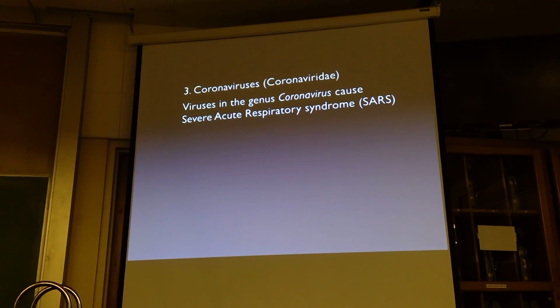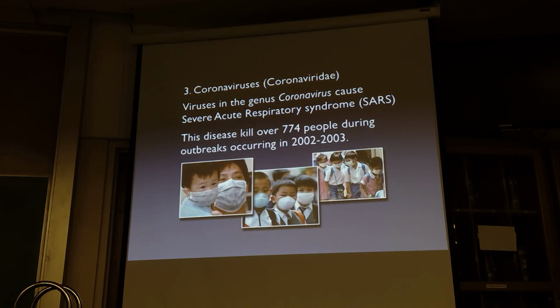Now, there's a group of viruses called coronaviruses. These were identified a fairly short time ago. They cause what's called severe acute respiratory syndrome, or SARS. This disease killed close to 800 people during outbreaks in 2002, 2003. And this was a virus that spread fairly rapidly from regions in Asia.